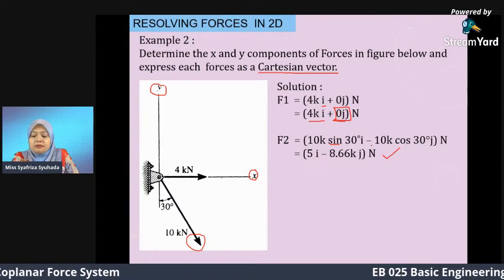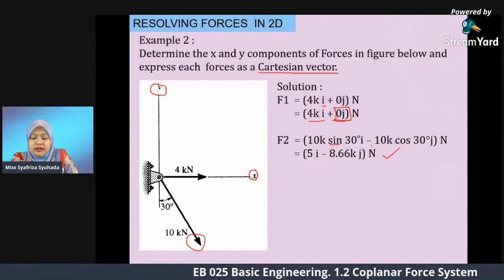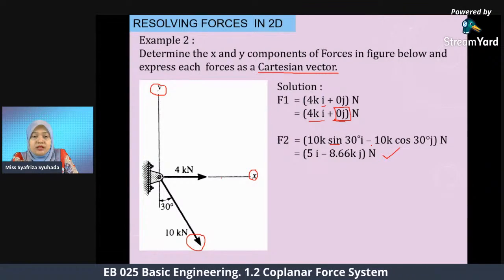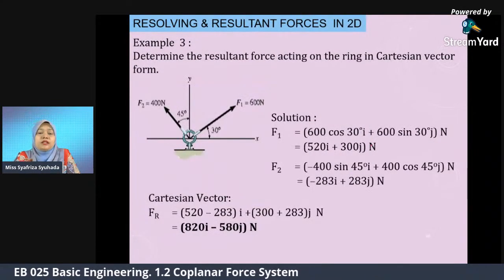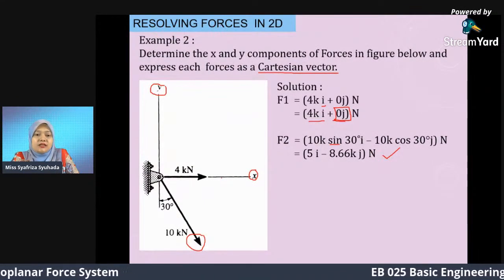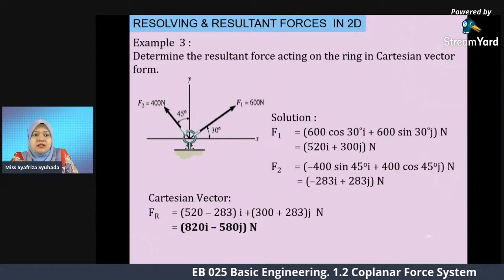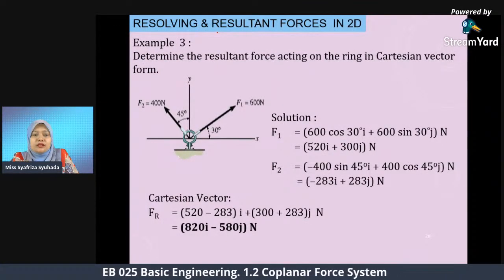Alright. Example ni bukan sama dengan example number 1. Alright. Ini untuk 2D. Okay, next kita tengok 3D. Tadi kita tengok resolve, leraikan, kepada paksi X dan juga paksi Y. Okay, the next is resolve and resultant.